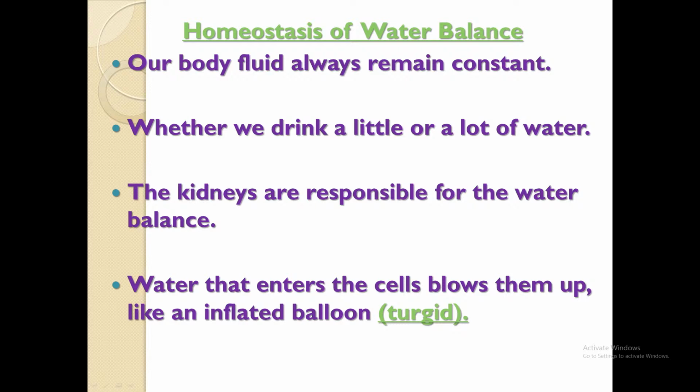So homeostasis of water balance, that is what we'll be looking at this morning. In terms of water balance, we're basically talking about the amount of water that should be in the human body, circulating in your blood.